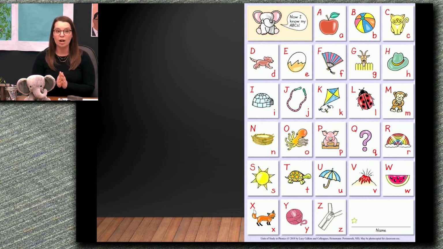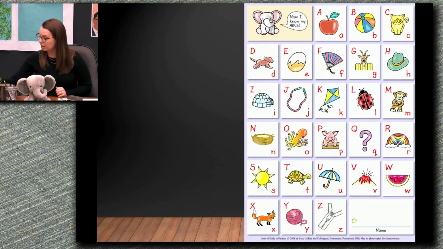So reading our alphabet chart sounds like this. We start at A. And just like Mrs. Wally has taught us in math, we read from left to right. So we'll go A, B, C, do your return sweep down to D, and then go across this way, return sweep down to I. Yep, that's right.